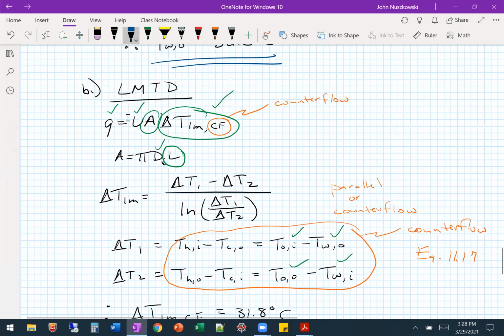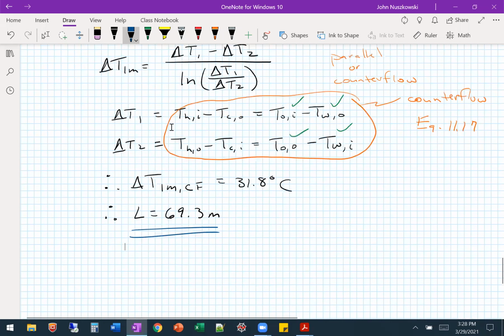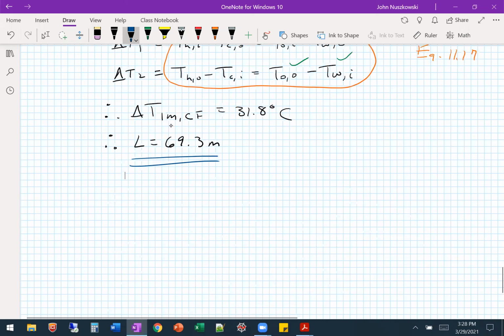All right, so that's just one method of getting this. The other is the effectiveness-NTU method. So we're going to, again, solve for L, but using the effectiveness-NTU method.